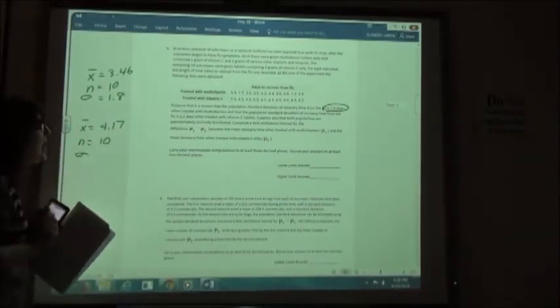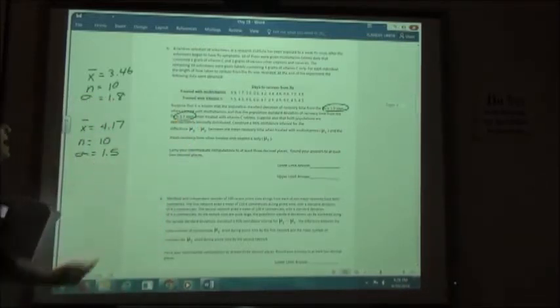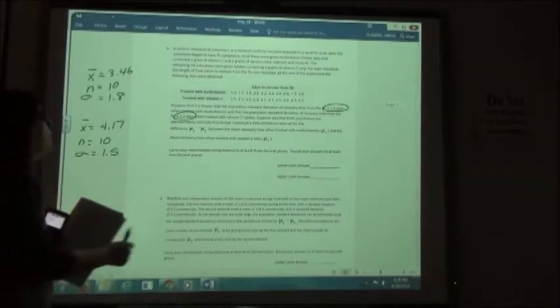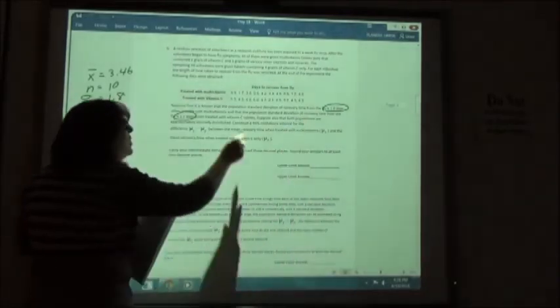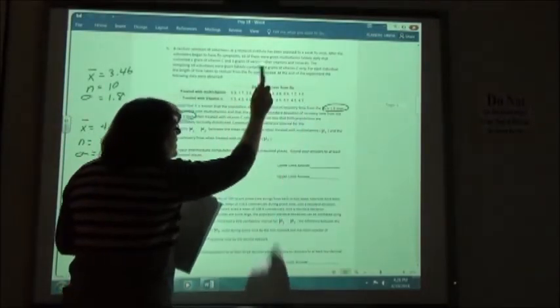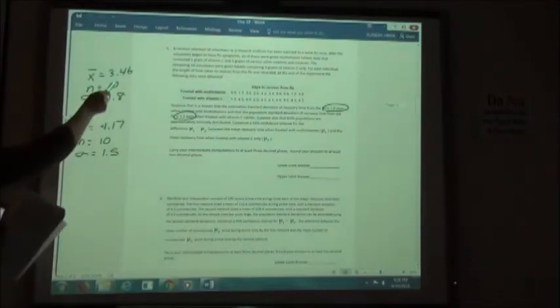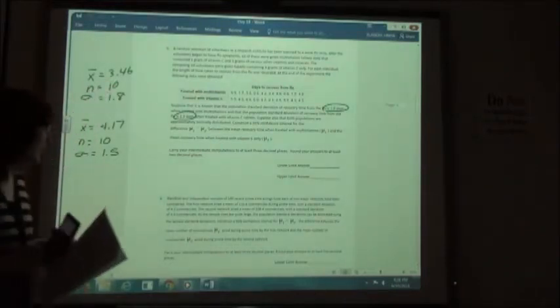And then the standard deviation is going to come from the problem. They're doing 1.5 standard deviation. I didn't realize they weren't doing the standard deviation from the sample. They were doing the given standard deviation. So you could have also just added all those numbers up and then divided by 10, since there were 10 numbers on the list, and you would have come up with that same answer, hopefully.